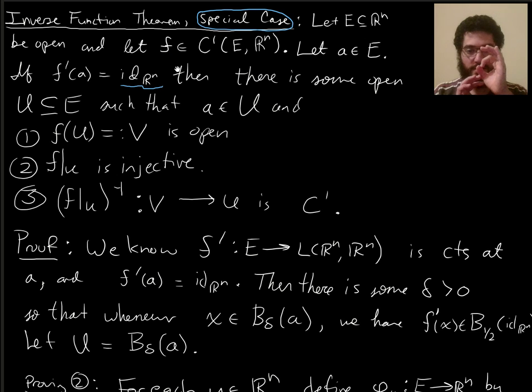And the image of that neighborhood is going to be another open set. So if you take the inverse of f, it'll be a function from an open set to an open set, a bijection. And it remains to verify, so that'll be in the next video, that when you look at the inverse, going the other way, that's actually differentiable. And we will not only verify, we'll say what the derivative is, although you can probably make a guess.